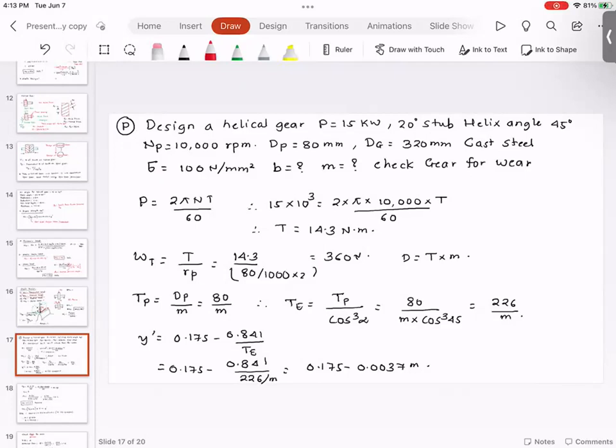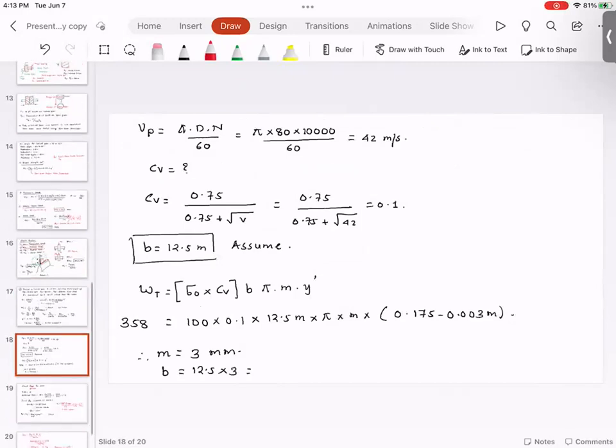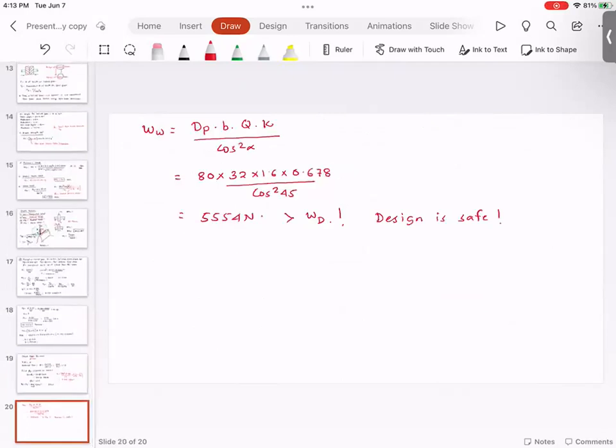So we want to find out the value of P, then B, then the phi n, and finally the value of WW. And then since WW, we show that it is greater than WD, the design is safe. And just for the sake of completion, I just want to find out WW and WD.